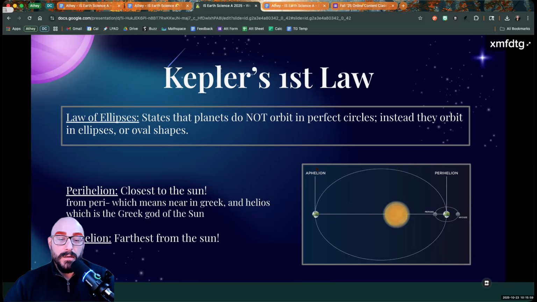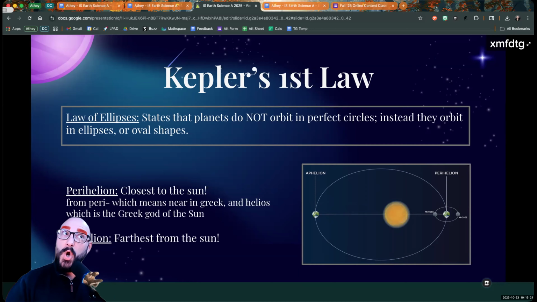So you can see here, this is kind of an exaggerated picture, because while planets do orbit in ellipses, the more unbalanced the size between the star and the planet, the more circular the orbit.